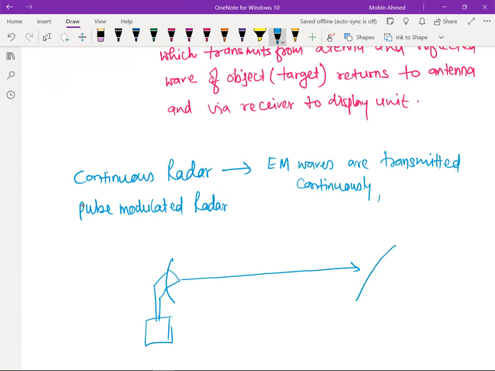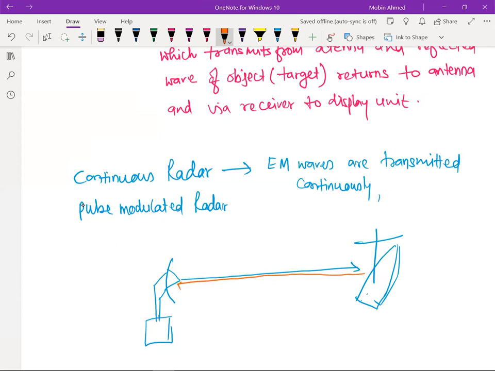Here we have the object, and this is the reflected wave that comes back. We have a separate antenna for that, and from there it goes to the receiver.